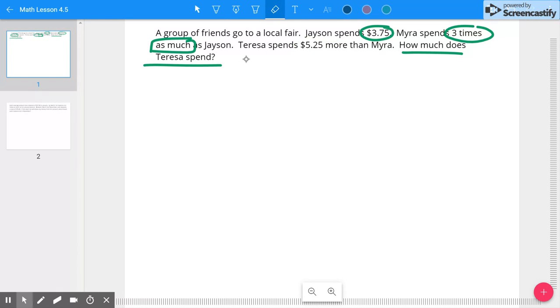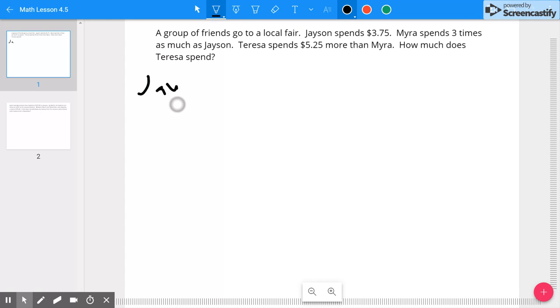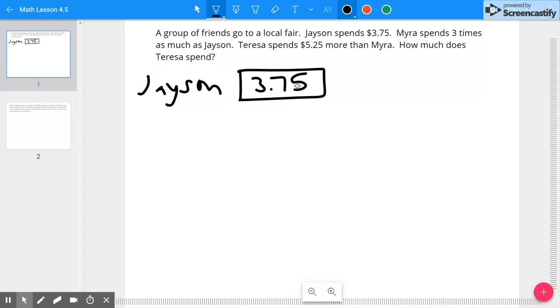So now that I have gone through and done the cube strategy, let's go back and solve this problem. I'm going to first start with Jason because that's who they talk about. I'm going to write Jason's name down. So Jason spends, I'm going to draw a box for him, $3.75.